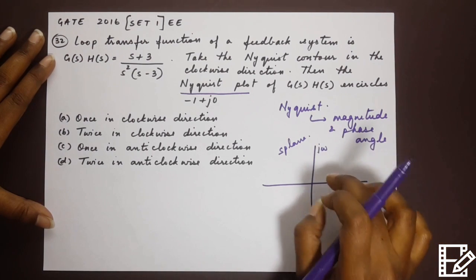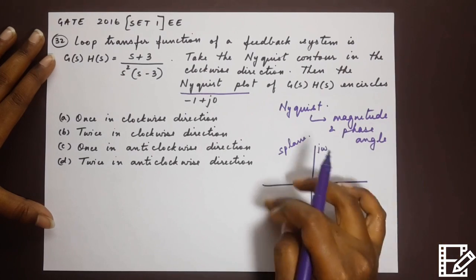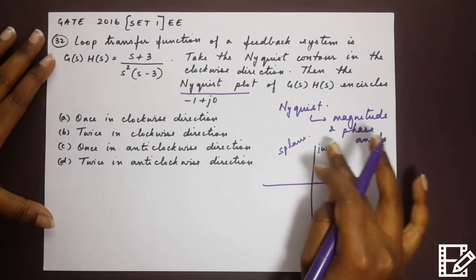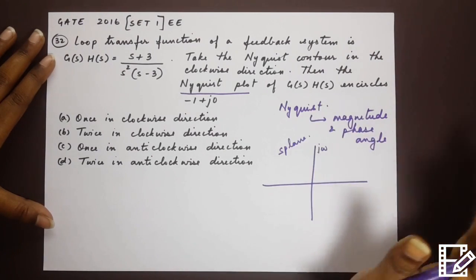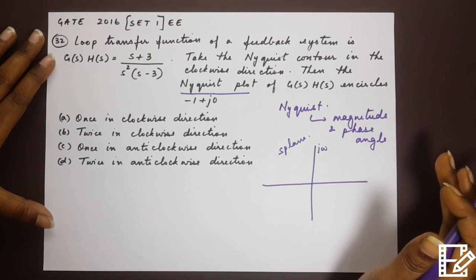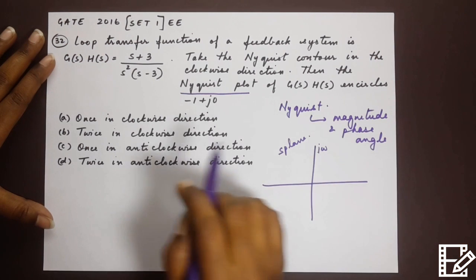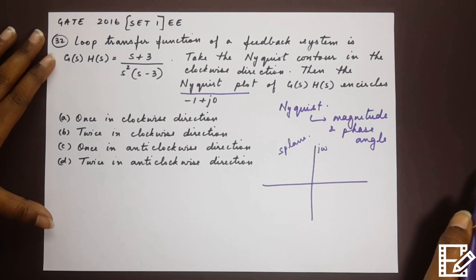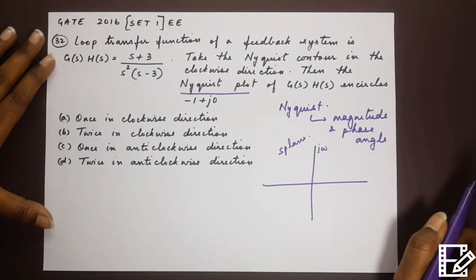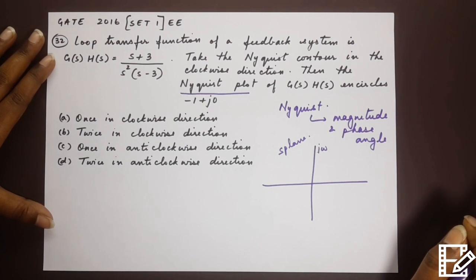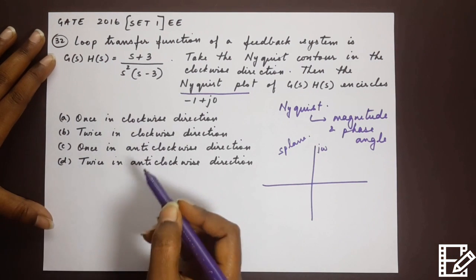On the S plane, we need to figure out which region, the Nyquist region, covers the given transfer function. An important point is that we need to cover the region and avoid the poles and the zeros of the given transfer function.